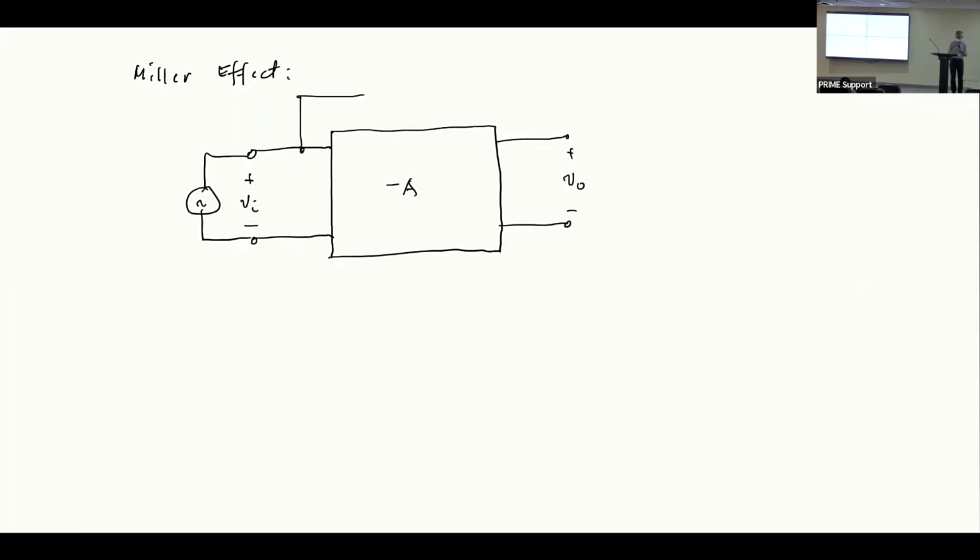So let me call this Cs of mu. And this is what we did earlier. Yung output natin nasa collector, yung input natin nasa base, naglagay tayo ng capacitor.